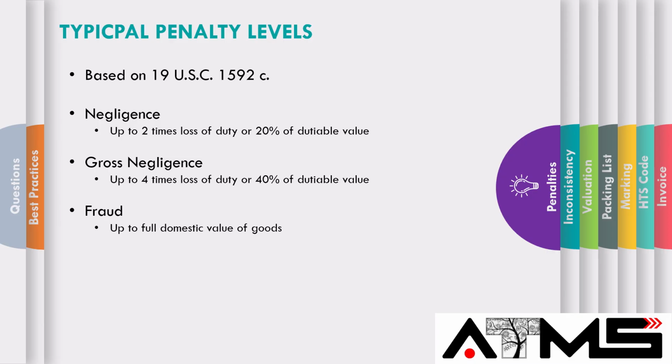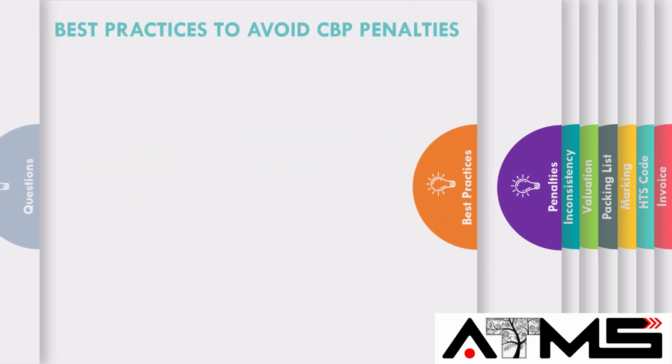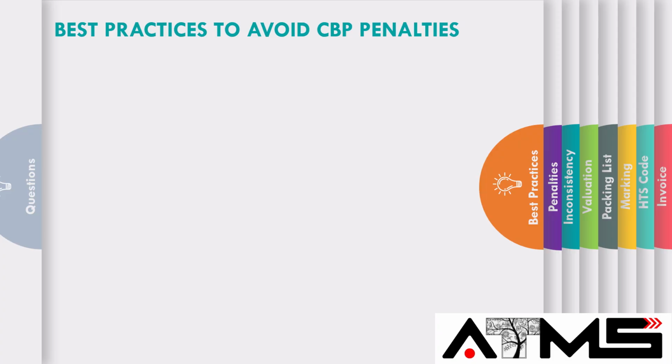In this case, penalty is up to 100% of the domestic value of the imported goods. For example, if a product worth $1,000 in the US is imported at a declared value of $300, CBP may impose a $1,000 penalty.